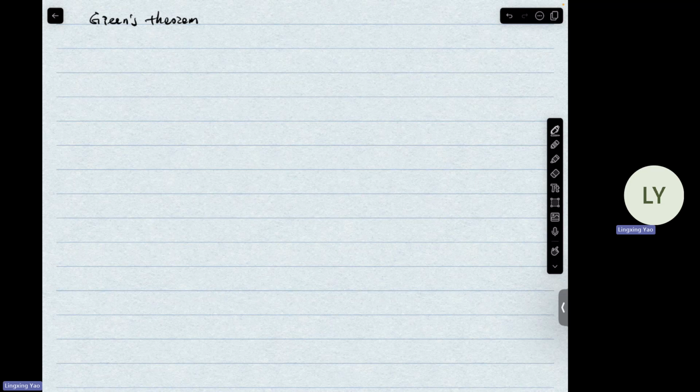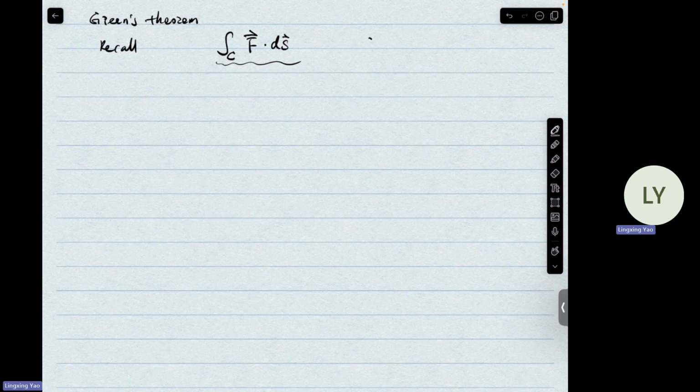Before the test, we went through the calculation of the line integral for a vector field. If you remember, the line integral for vector field F over the path C in three-dimensional or two-dimensional space is written in this way.